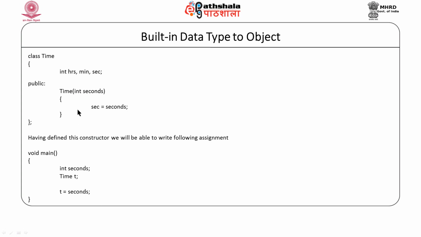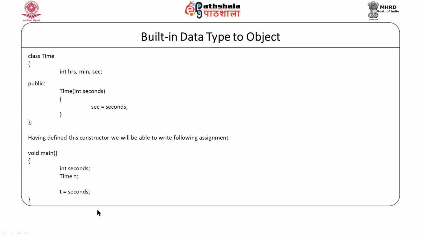It would use this constructor to construct an object with this value, and a temporary time object will be constructed with the help of this constructor, where for construction of the object this integer value will be used like this. You can define here whatever way you want that value to be assigned to the data members of your class, or whatever way you want the conversion to happen, and that temporary time object will be assigned to this.